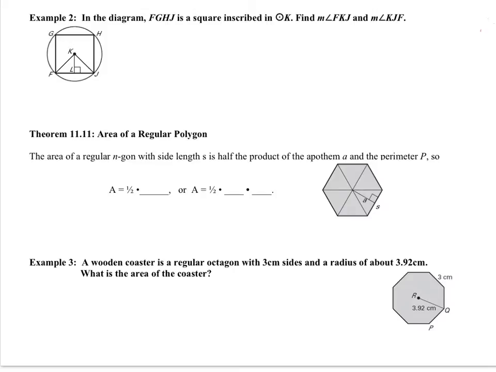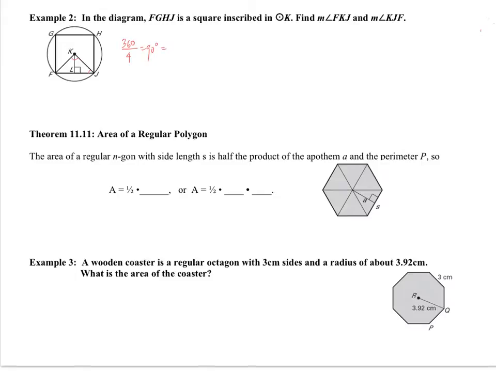Example 2. In the diagram, FGHJ is a square inscribed in circle K. Find measure angle FKJ and measure angle KJF. So we're talking about this angle and this angle. Since we have a square inscribed inside, we have to take 360 degrees and divide by 4 to get 90 degrees.